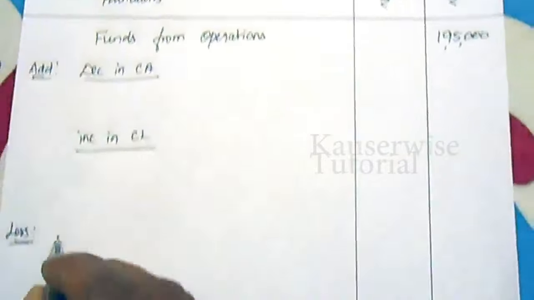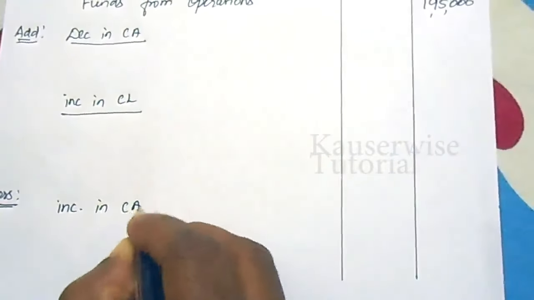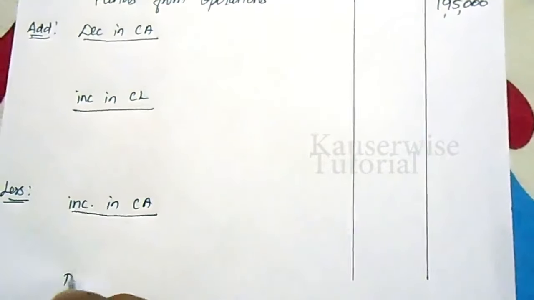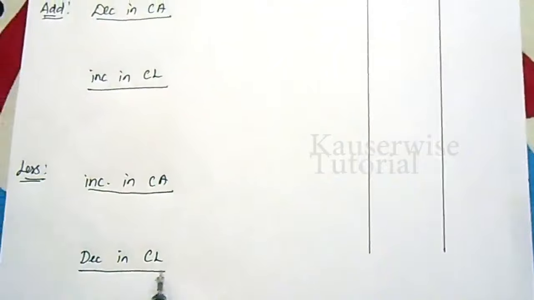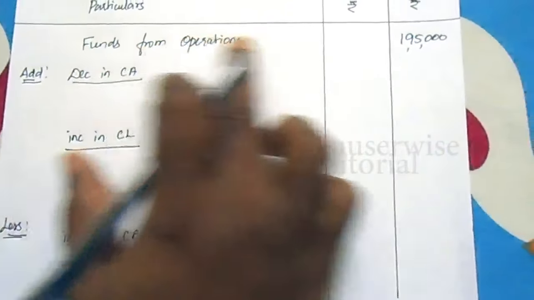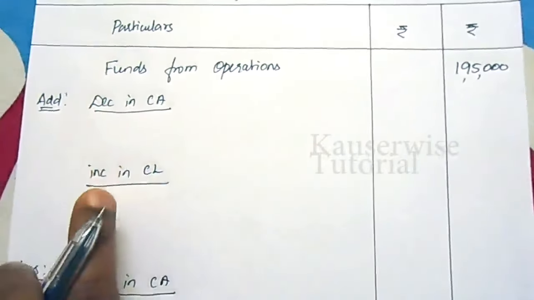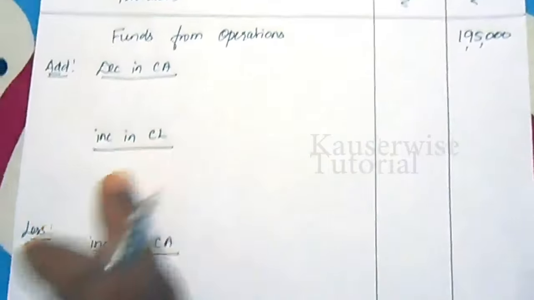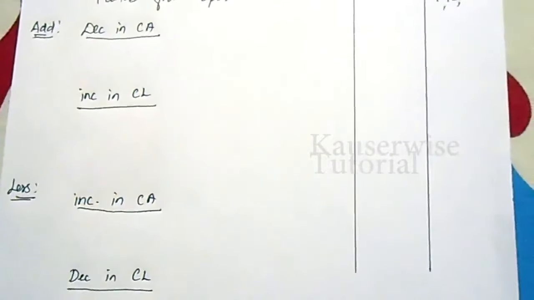And if there is any increase in current assets and decrease in current liability, those things will be subtracted from this value. First you need to have funds from operation, then you need to add decrease in current asset and increase in current liability, and you need to subtract increase in current asset and decrease in current liability.